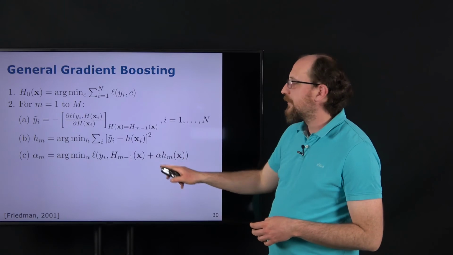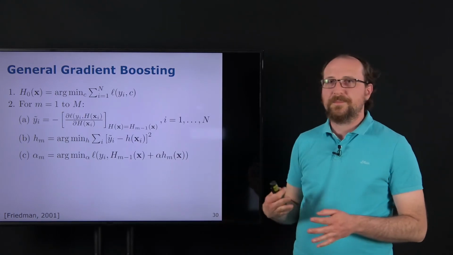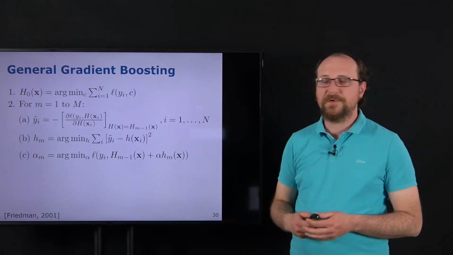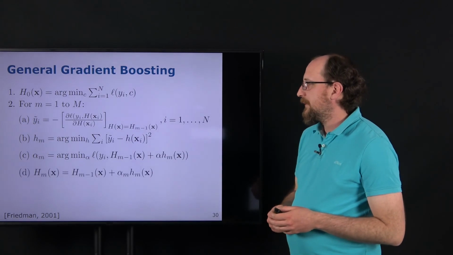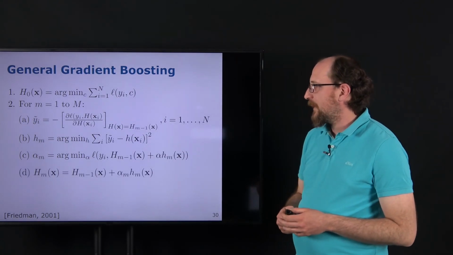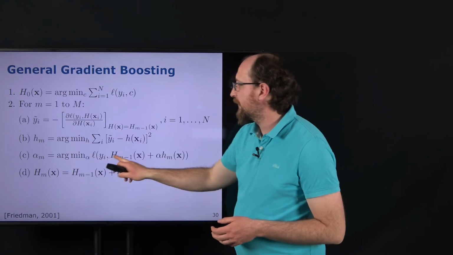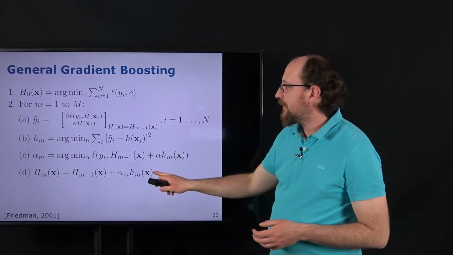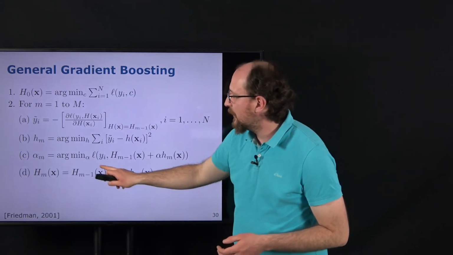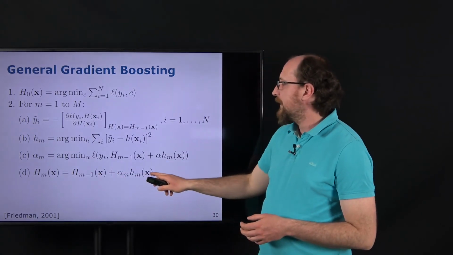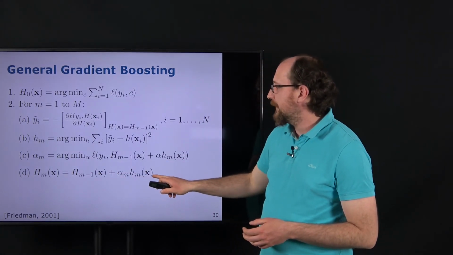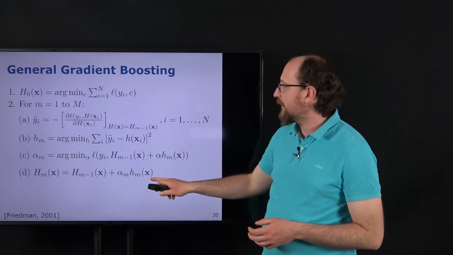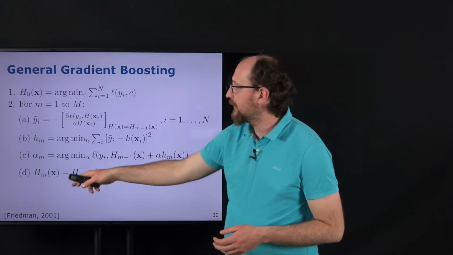But we also want to determine the step that improves this as much as possible. So we want to minimize the loss, and we want to find the alpha that achieves this. Then we update our ensemble by taking the old part of the ensemble and putting our h of m, our weak learner, our regression model, on top of this, and we get a new ensemble.